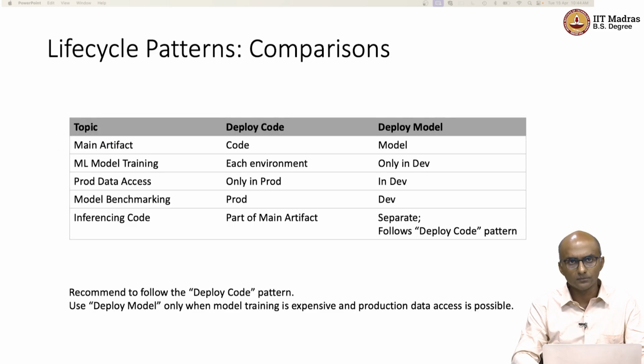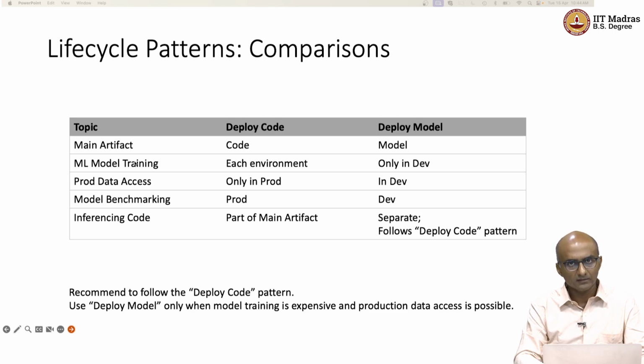So let's compare the two. So in the deploy code lifecycle pattern, the main artifact that's getting produced or that's getting certified or validated is code. Whereas in the deploy model lifecycle pattern, it's the model that's actually primary.